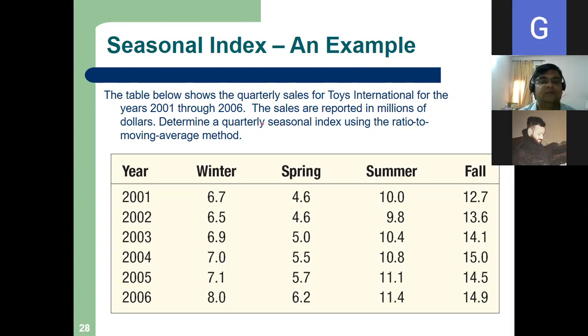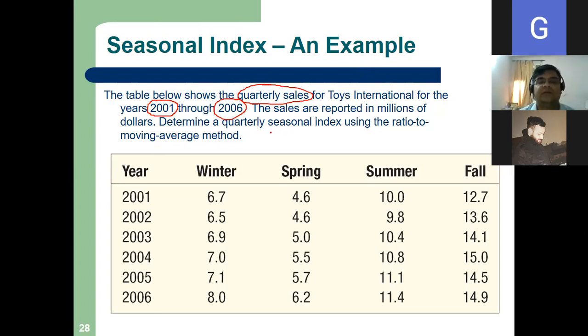This table shows the quarterly sales. So here our unit is quarter, not year, quarter, for Toys International for the years 2001 to 2006. The sales are reported in millions of dollars.